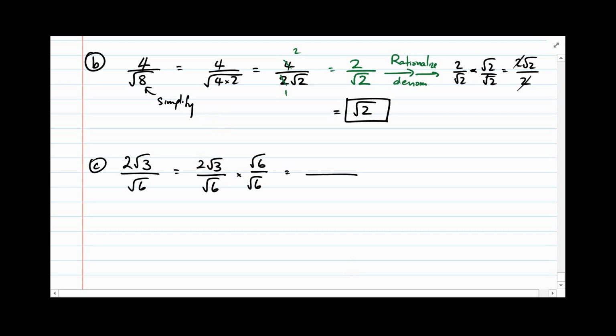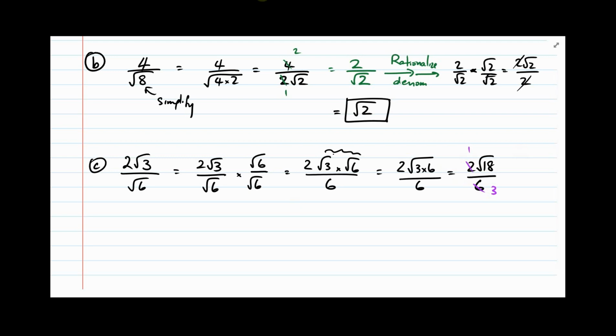So I'd end up in the denominator with 6, while 2 root 3 times root 6, let's combine this part, is 2 root of 3 times 6, so 2 root 18 over 6. Alright, let's take the opportunity to reduce these. I could have done it any time before.